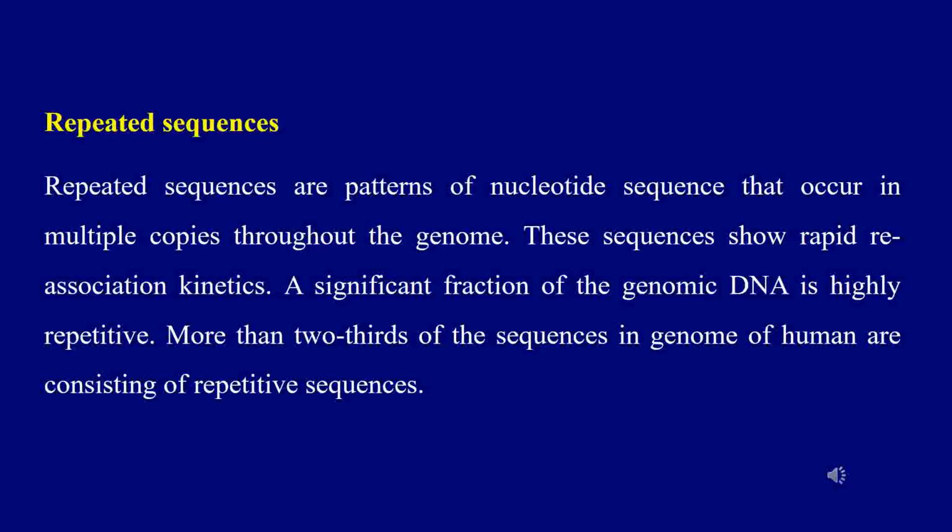Repeated sequences are those sequences which occur in multiple copies within a genome. It makes a significant fraction of the genome DNA, which is almost 2/3 part of the human genome.